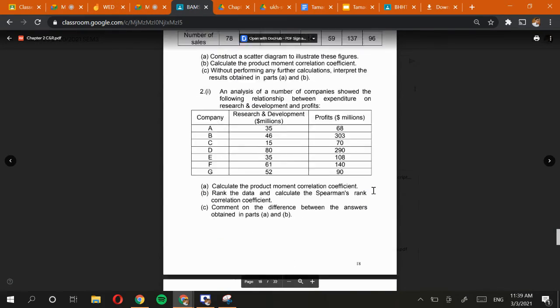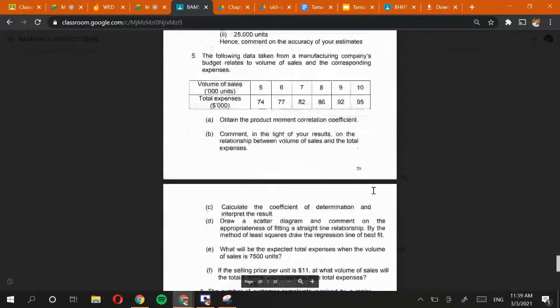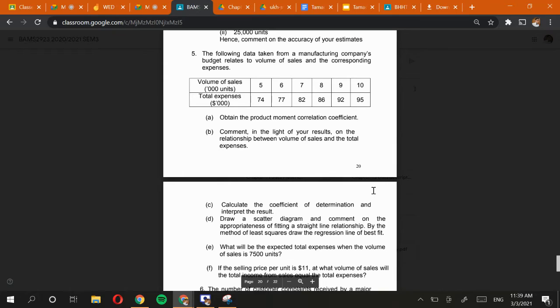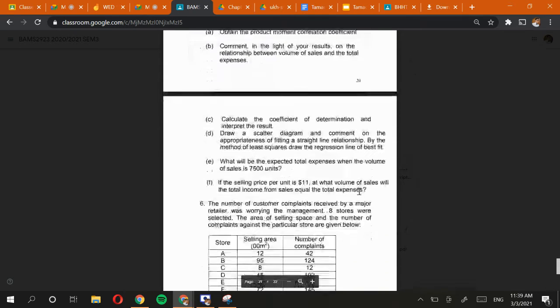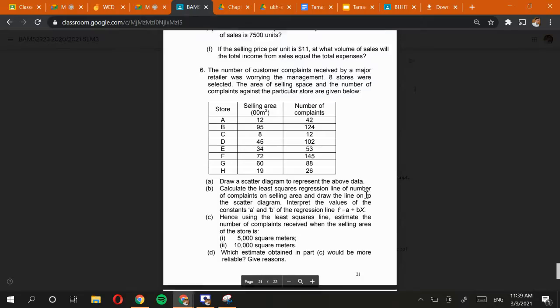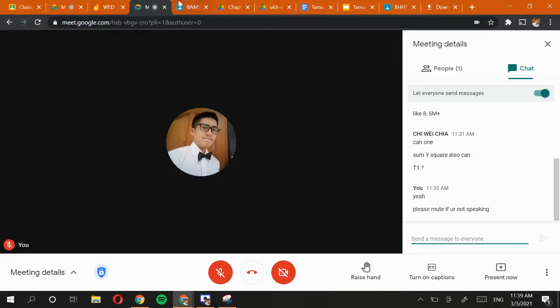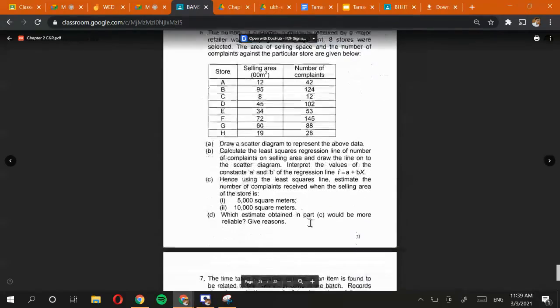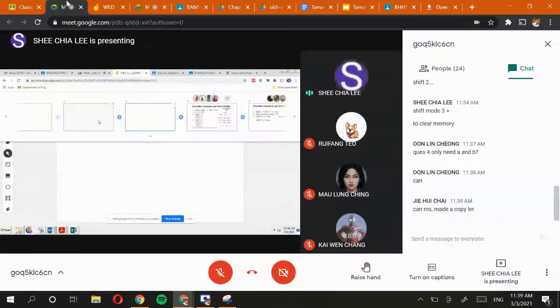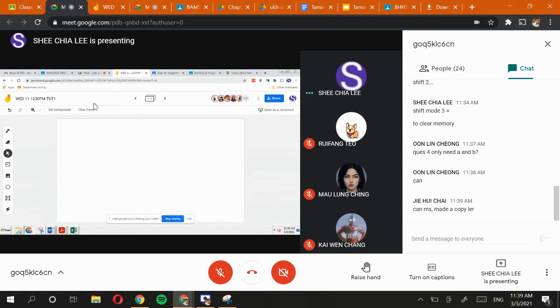For the rest of you who no need to solve in the Jamboard, please complete your work. Make sure you complete your work. If you need more pages, add yourself. Okay, do now.